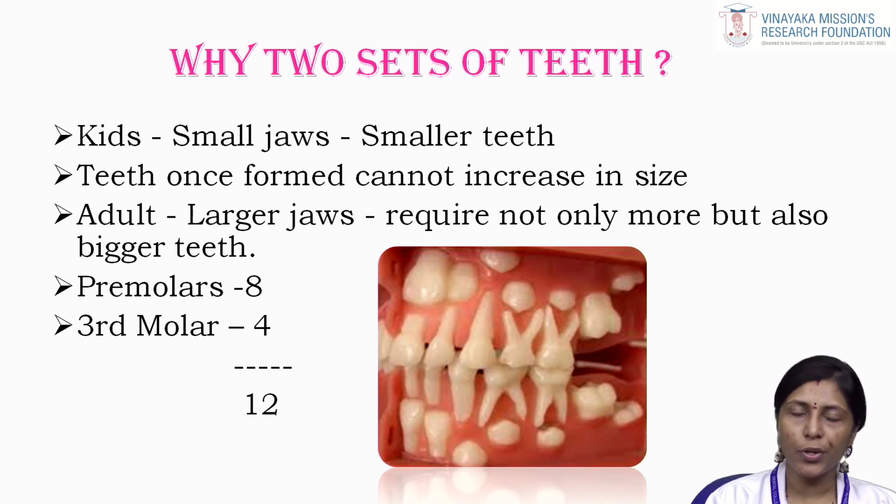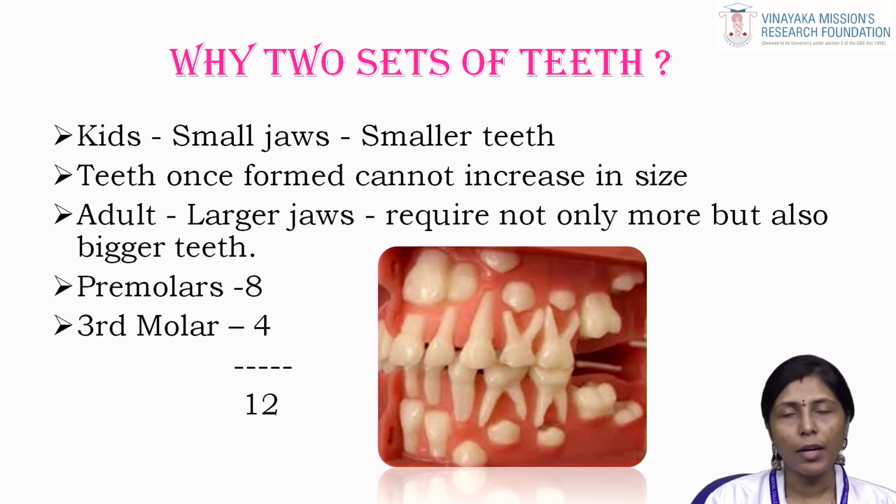So, to accommodate for a larger jaw, the teeth, because it cannot grow, gets replaced by permanent teeth. So, it is going to be more in number and it is going to be bigger in its size. Deciduous tooth will be smaller in its size, whereas permanent teeth will be bigger in its size. Not only by size it is going to increase, but also by numbers it is going to increase.